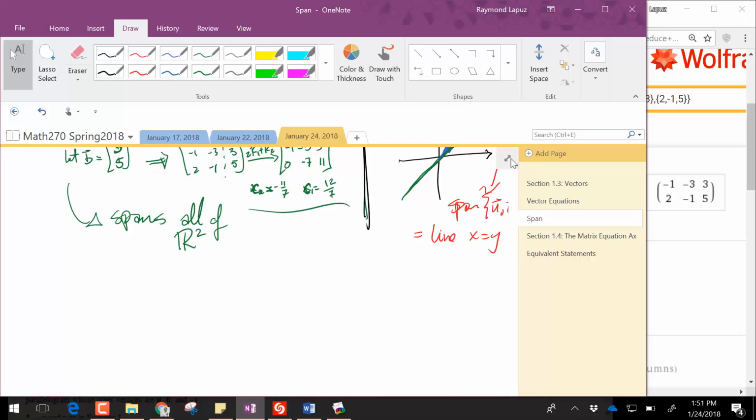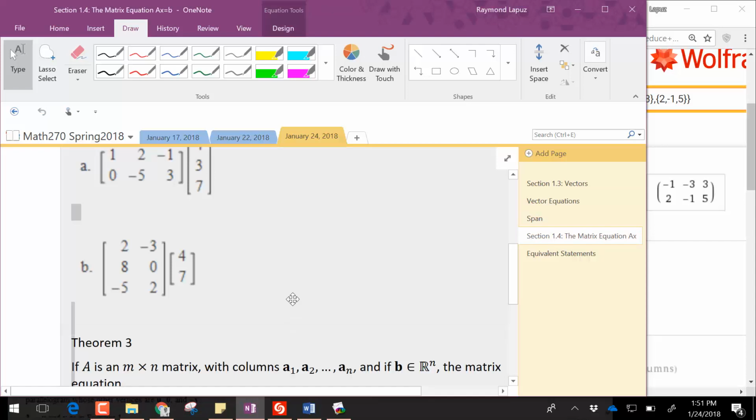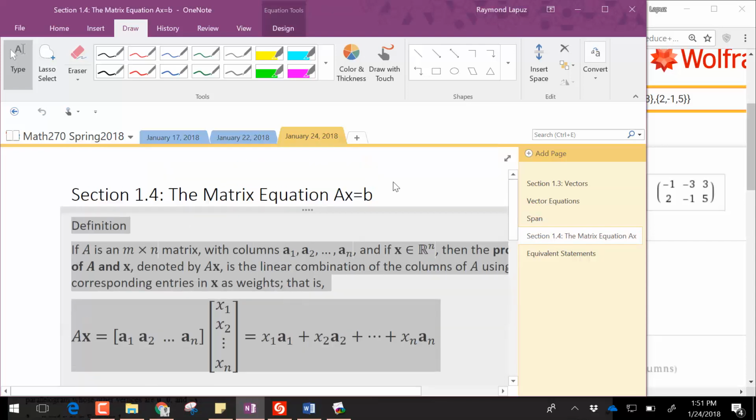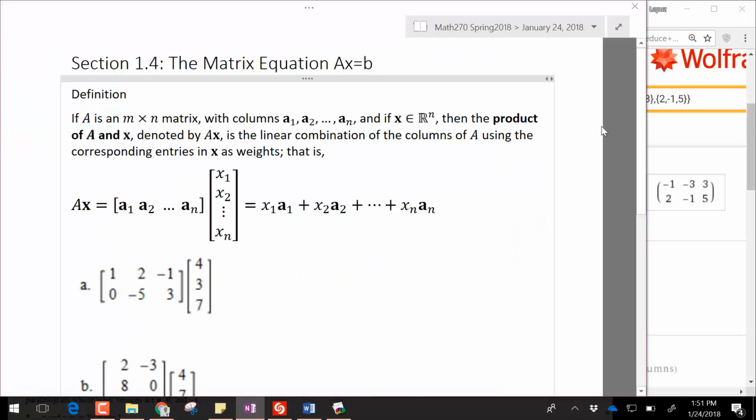In 3 dimensions, we could talk about spanning a line, a plane also, or you could span the whole space. You can span all of R3. Remember, we had 3 vectors, but those 3 vectors were all in the same plane, and they didn't span all of R3.